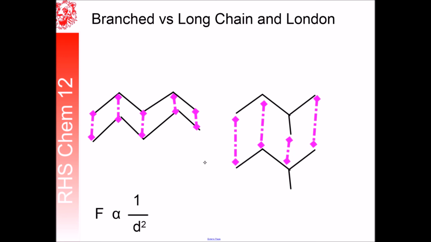So the shape of them, these branches, don't allow them to nest together tightly. I expect that this boiling point would be low, and that this boiling point would be higher. Even though the number of carbons and hydrogens are the same, these nest together much better.